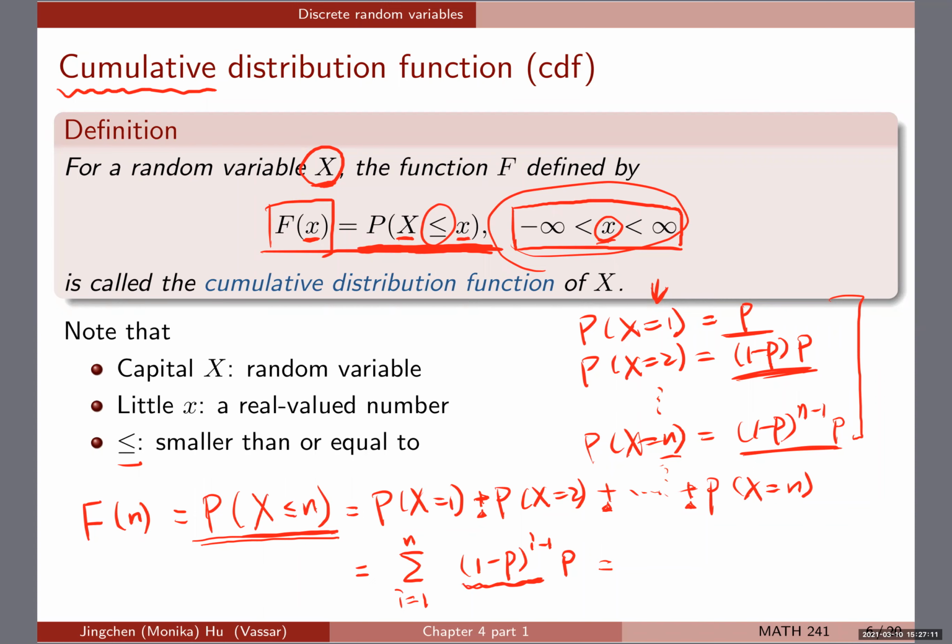We're doing a finite series over here, so one way to simplify this further is that this will be 1 minus (1 minus p) to the power of n, because we're adding up n terms, divided by 1 minus (1 minus p), and this whole thing multiplied by p.